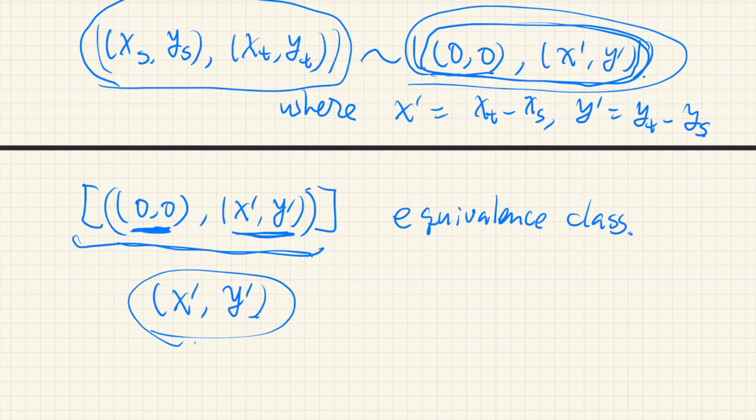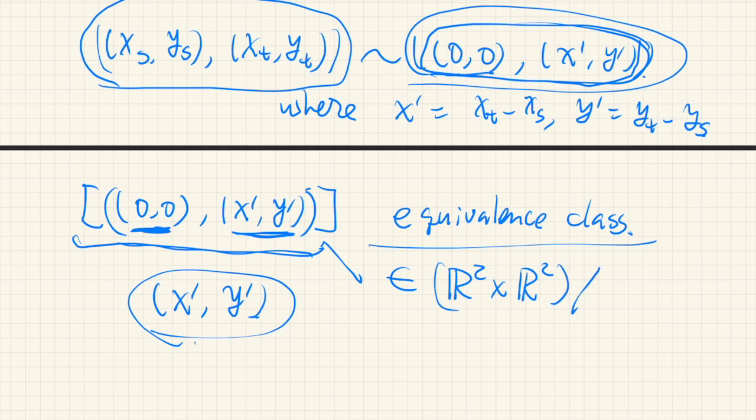So a vector is an equivalence class of arrows. And this equivalence class, of course, belongs to this quotient space. So to begin with, we had this space, but now we consider equivalence classes by this relation.